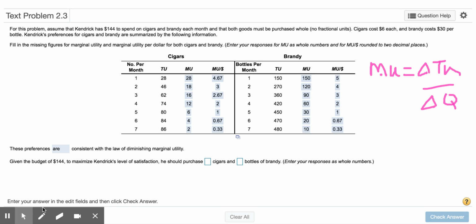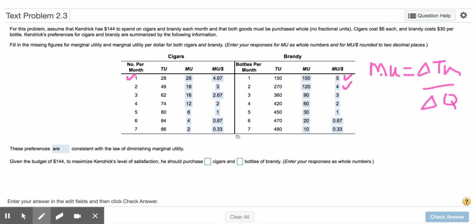So you will first spend your money on brandy, and then should you buy another bottle of brandy? Well, it would give you 4, but spending it on cigars would give you 4.67. So you should spend it here. Should you buy another cigar? It will give you 3, but if you spend the money on brandy, it will give you 4.